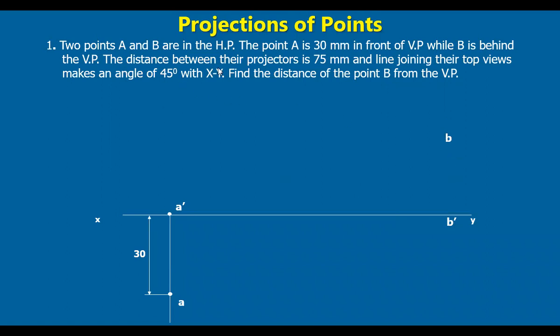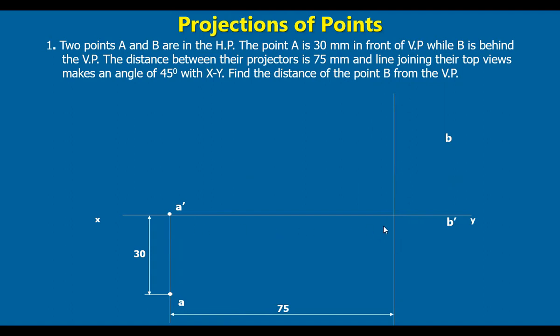The distance between their projectors is 75 mm. A dash is known and B dash is somewhere here. The distance between these two projectors is 75, so we draw a 75 mm long line here, and at this distance we draw a projector.